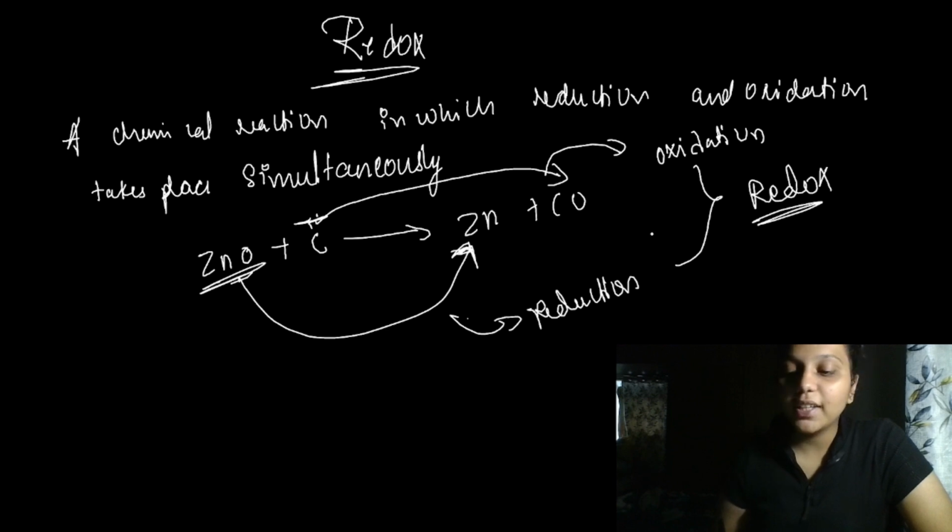Fine. Okay, fine. So explain the following reaction and identify oxidant and reductant. Oxidant and reductant is nothing but oxidizing agent and reducing agent. So now you will understand much more clearly. Okay, I'll give an example. Fe2O3 reacts with aluminium.